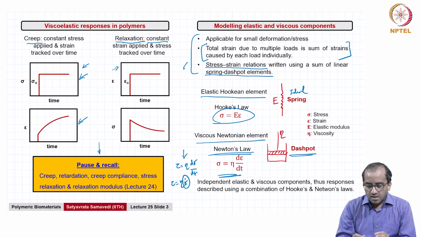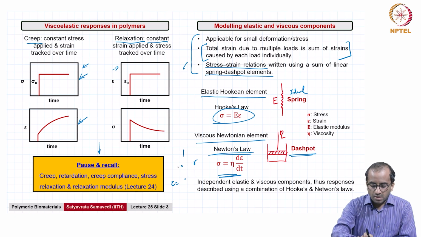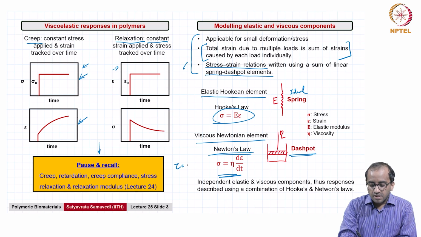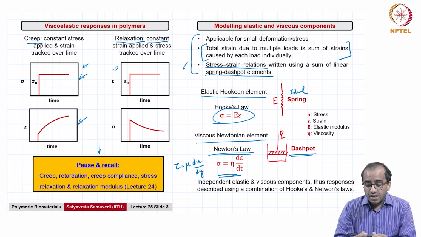The other aspect to note is, if you are coming at it from a fluid mechanics perspective, if you have had any introduction to a course in fluid mechanics, you might also see the same law written as tau is equal to mu times du over dy, where mu is the viscosity and u is the velocity. I will leave it to you as an exercise to convince yourselves that they are all different ways of writing the same Newton's law of viscosity.